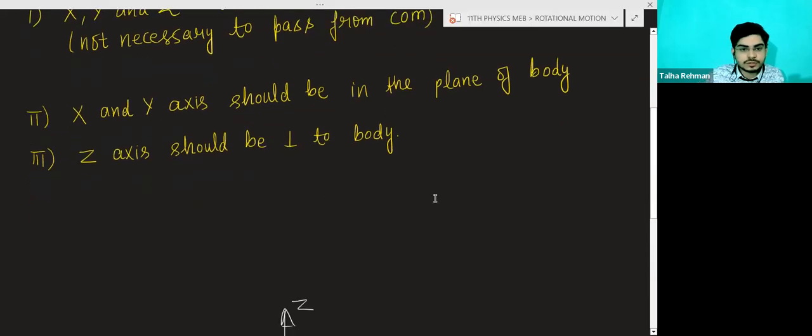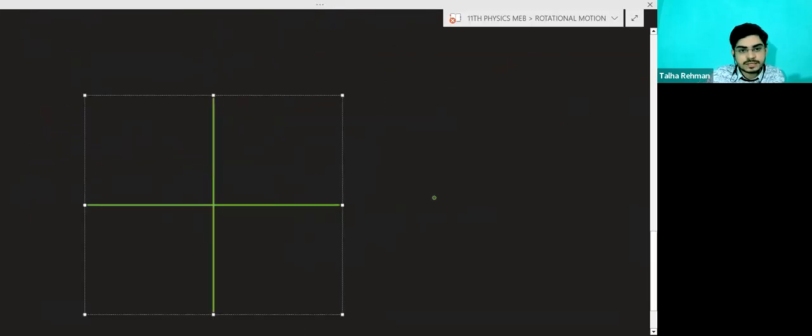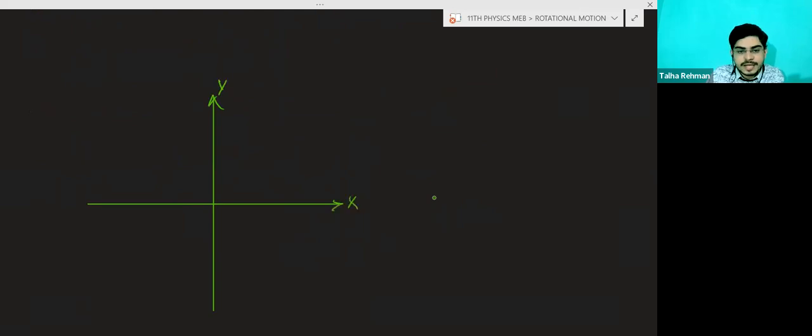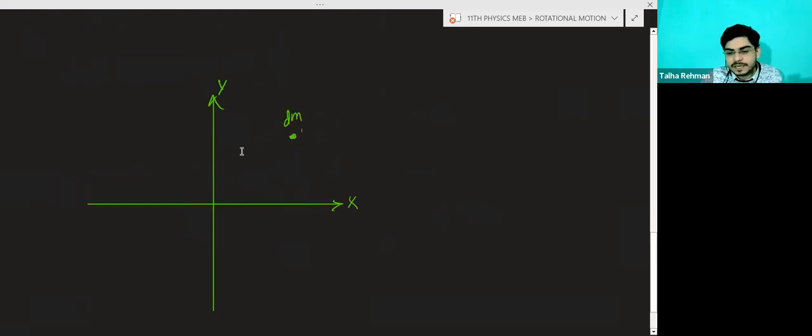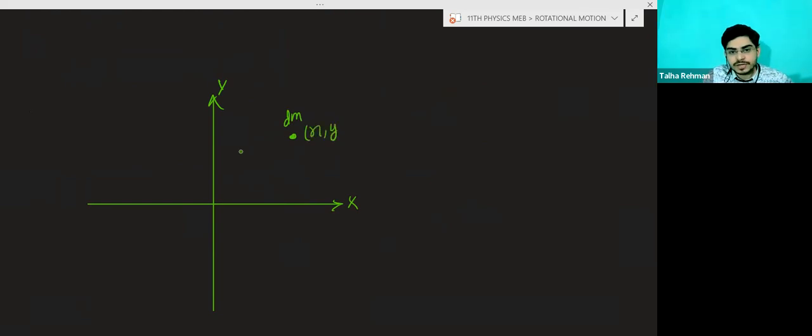Suppose this is the y-axis, and this is the x-axis, and this is a point, a small mass dm. This small mass is lying on the xy plane. I am not talking about the z-axis now. It has the coordinate x comma y.